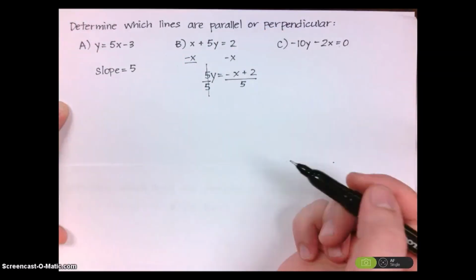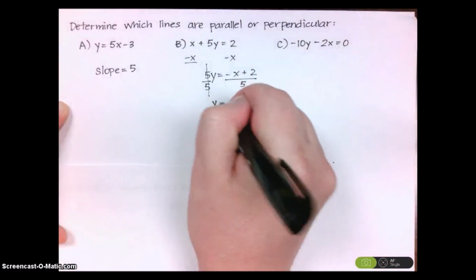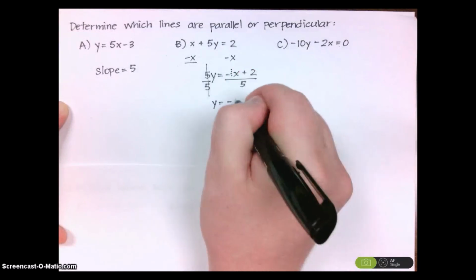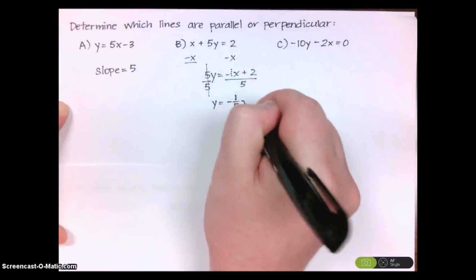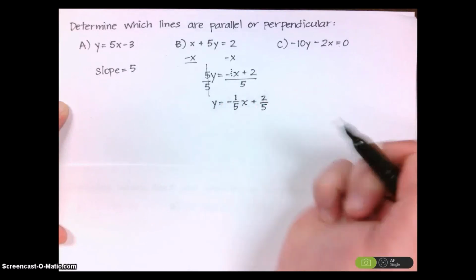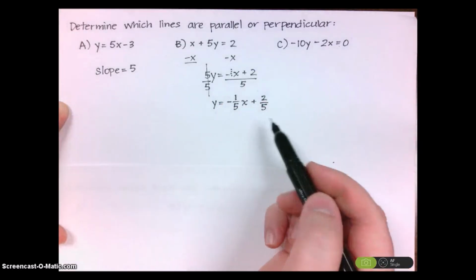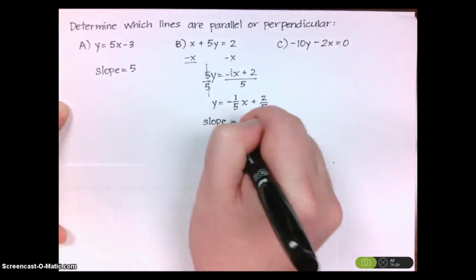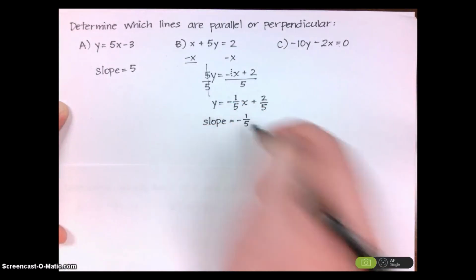The 5's there will cancel out, and y is equal to negative, there's an invisible 1 here, so -1/5 x plus 2 divided by 5 we can leave as 2/5. So now I have it in slope-intercept form, and I can see that the slope of this line is -1/5.